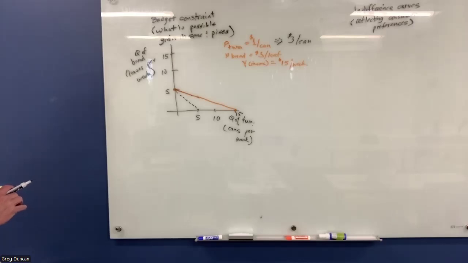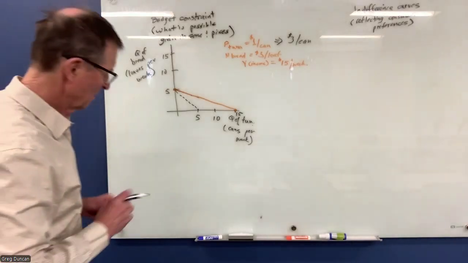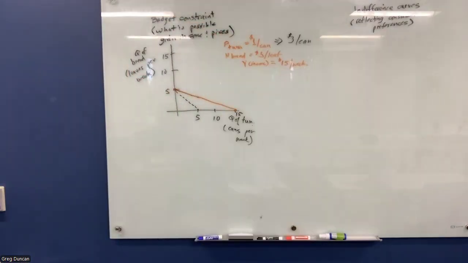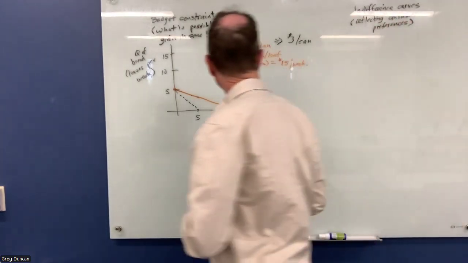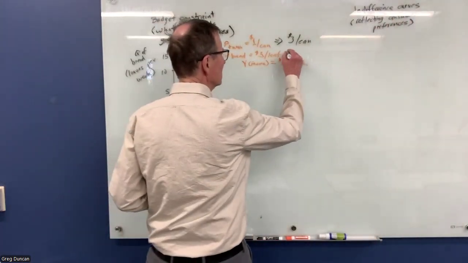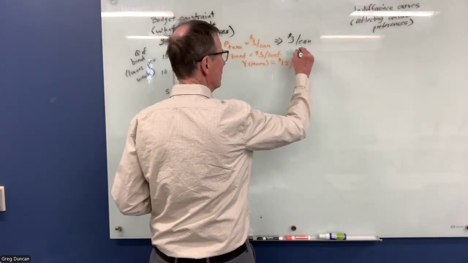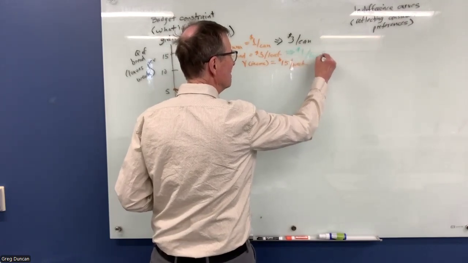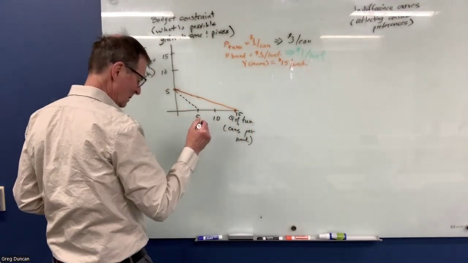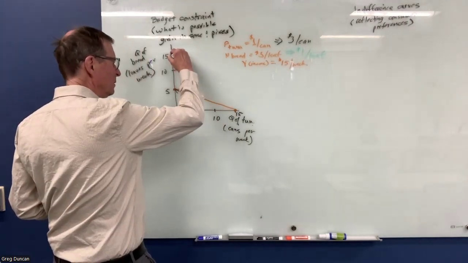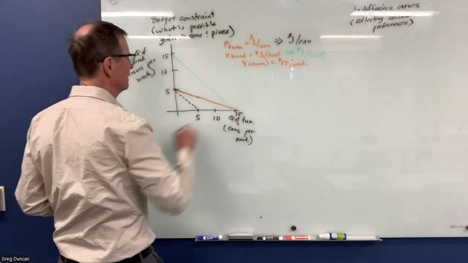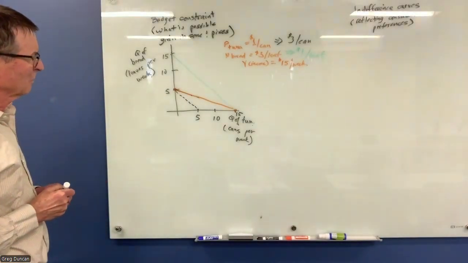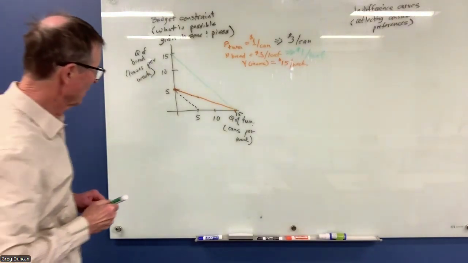If, on the other hand, different color here, red, price goes from $3 to $1 per loaf. Now we're up to 15 and 15. So, I mean, this is pretty simple stuff.